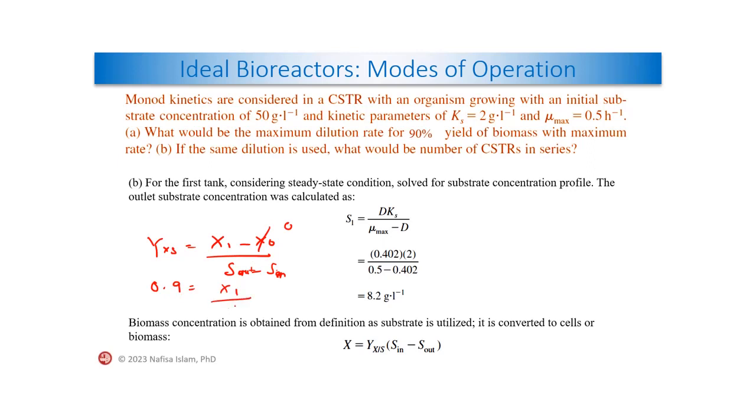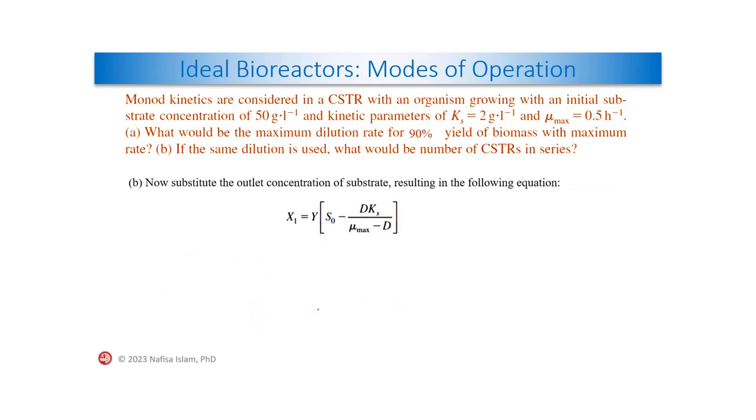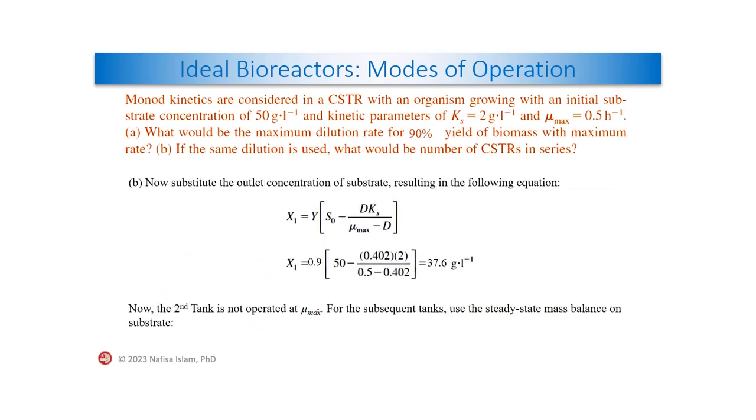We don't know X1. S out we got as 8.2, and S in is 50. So rearranging all that, this is what you should be getting, and convince yourself that this is the X1 that you're getting.